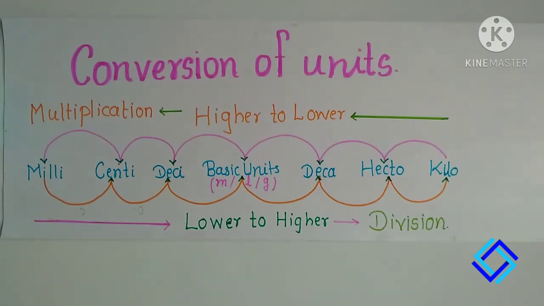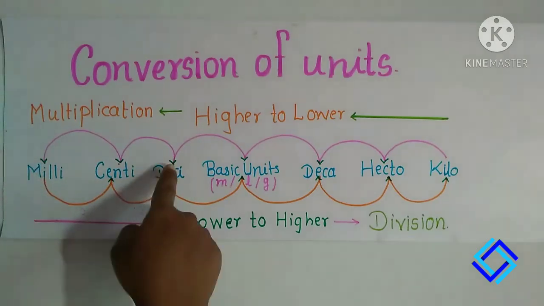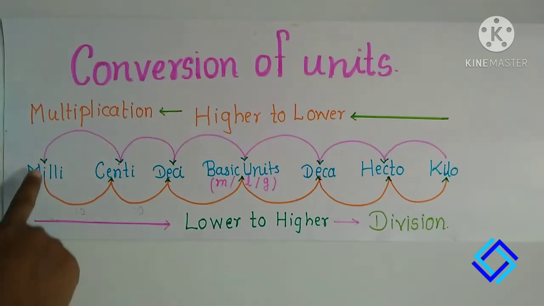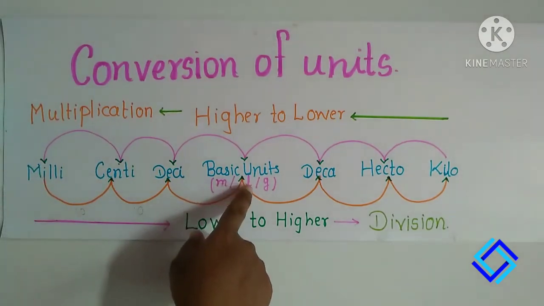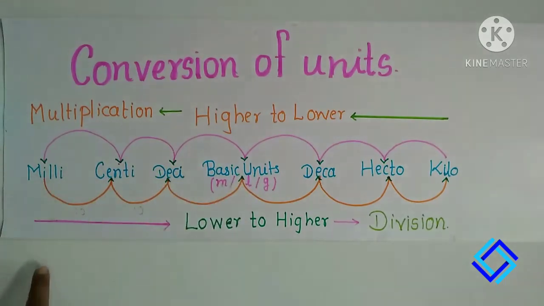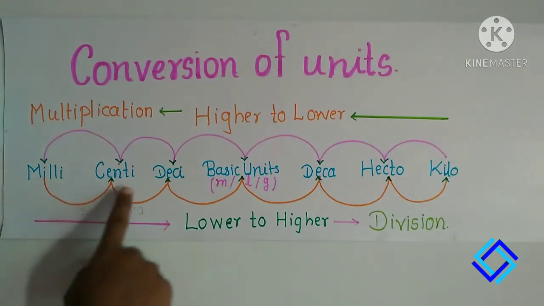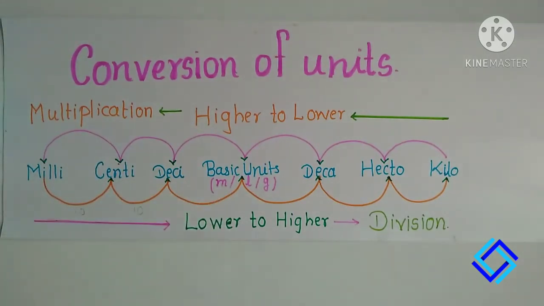If one step, from milli to centi, then we have to divide by 10 only. But if we have to convert from milli to deci, there are two steps, so we have to divide by 100. If we have to convert from milli to basic units, any liter, milliliter to liter, then we have to divide by 1000, because here are 3 steps. So these are the tips that you have to remember, that sentence only: milli, centi, deci, liter, deca, hecto, kilo, and according to that you can convert any unit.